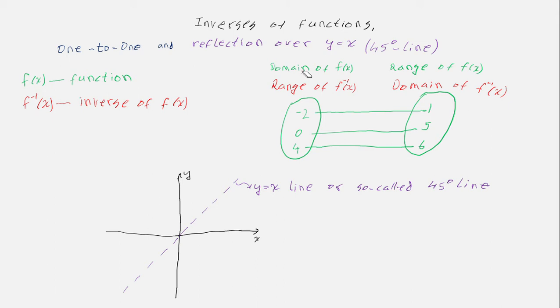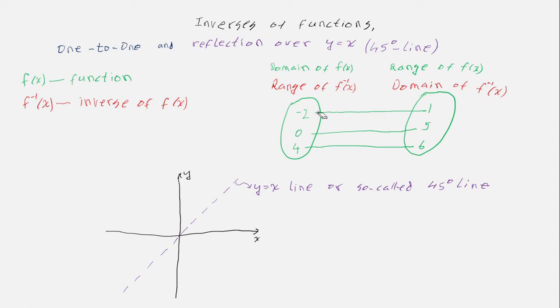And as I said here, this is the domain for the f function, and this is the range for that function. But as we already know, we obtain the inverse by making the x and y values of the function change places.